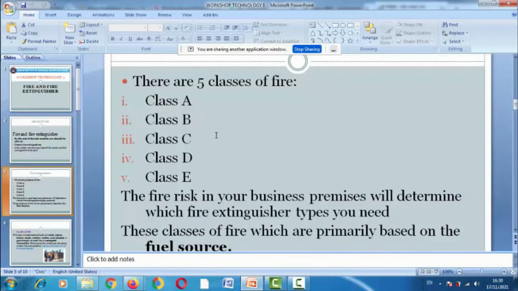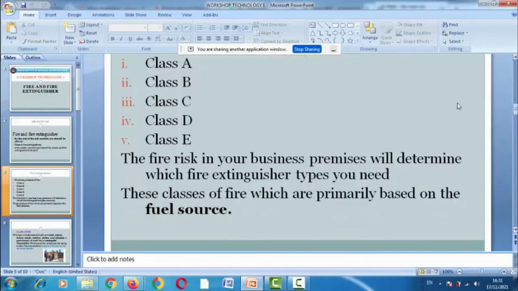We have 5 classes of fire: class A, class B, class C, class D, and class E. There are 5. The fire risk in your business premise will determine which fire extinguisher to be used. So we are going to look briefly at the above classes of fire.